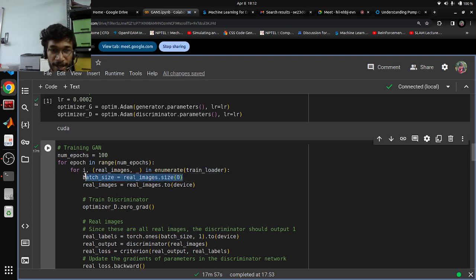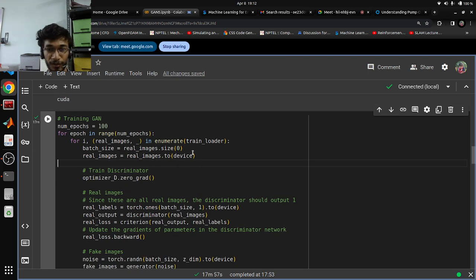So the batch size is going to be 64. These are our real images, and we need to load them to the GPU as well. You are not loading the entire data set to the GPU at once; you are loading batch-wise.